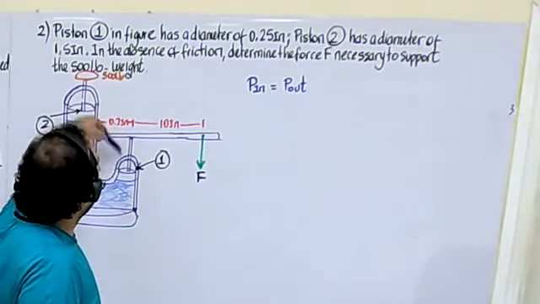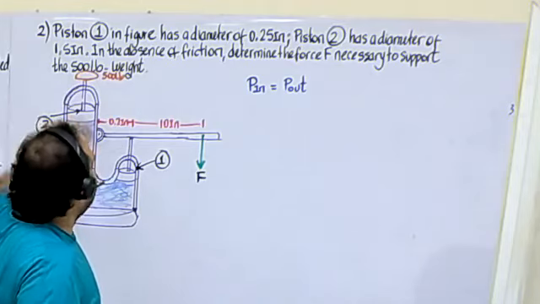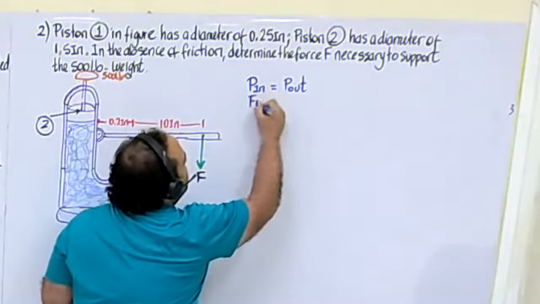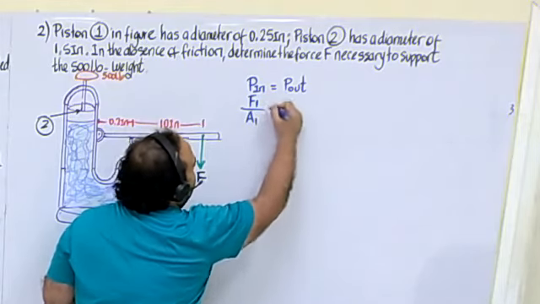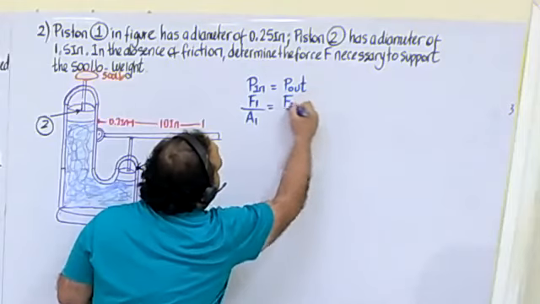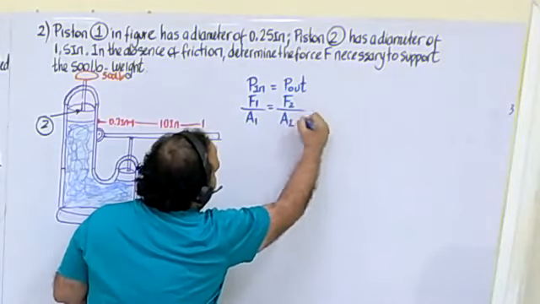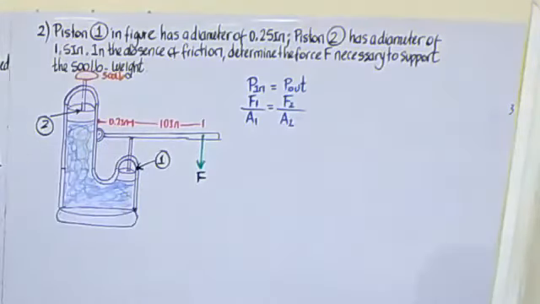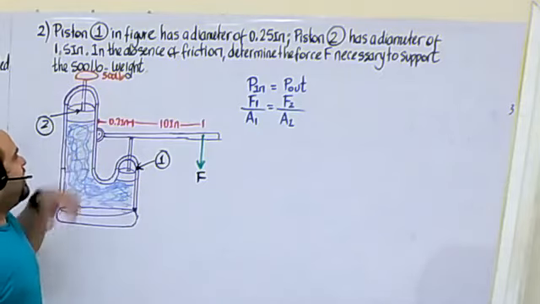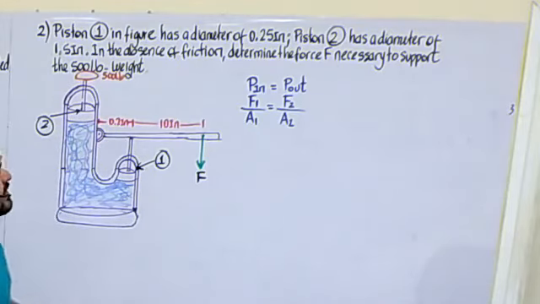We will call it force one, and this one we're going to call force two. For that reason, force one divided by area one equals force two divided by area two. Input pressure equals output pressure, because it's used to lift some kind of load or weight.